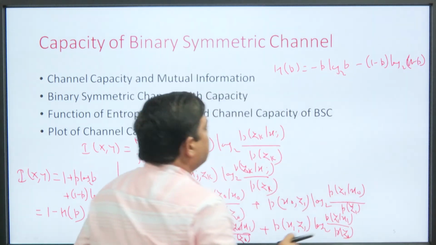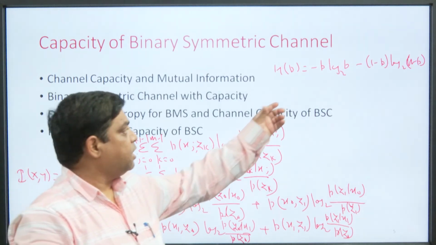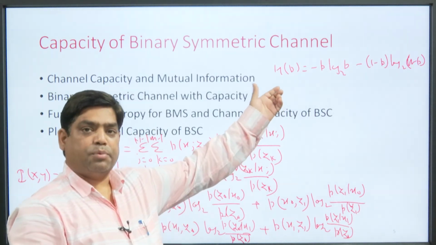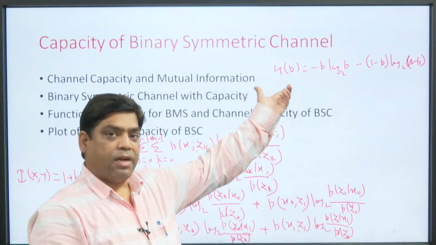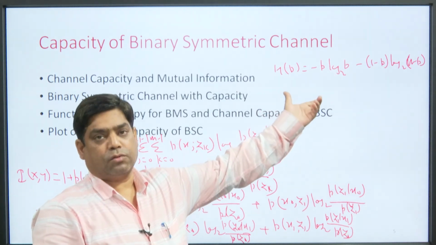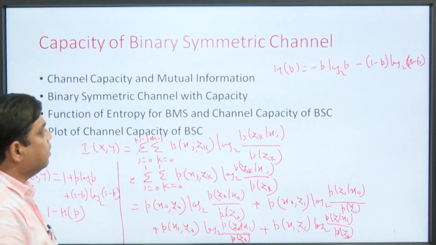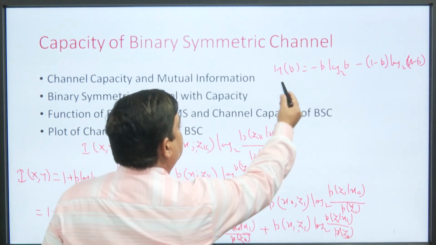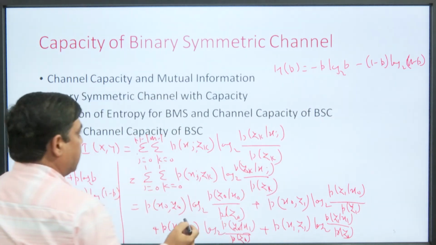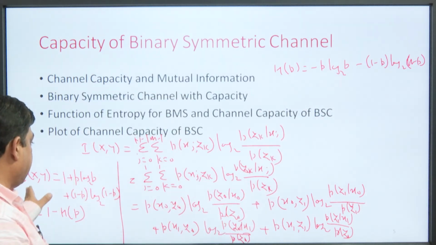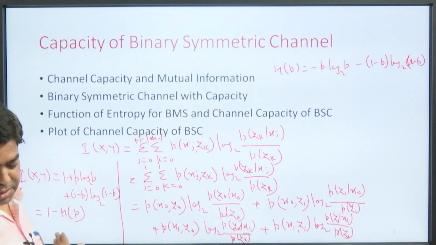This equation of entropy we have seen while calculating the entropy of a binary memoryless source. If you remember, that equation can be used here. Then with the function H(p), I(X;Y) can be given in terms of this one.